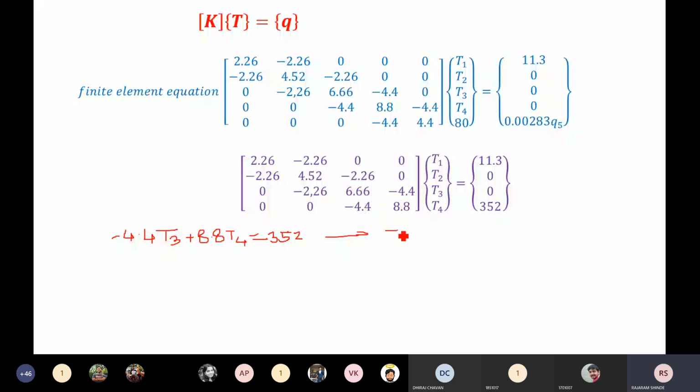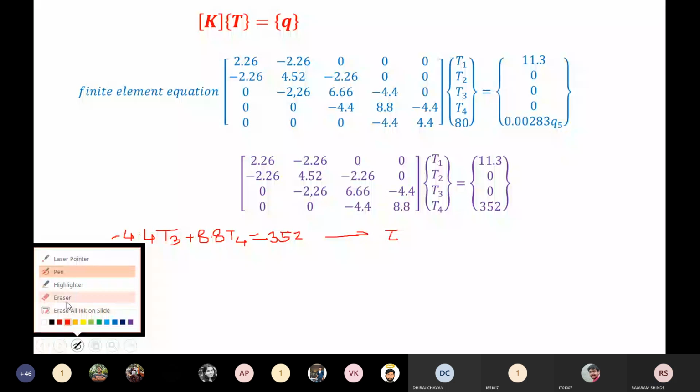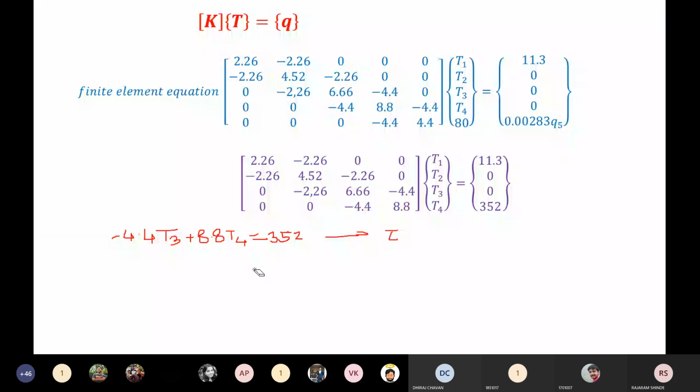You see here, T4 equal to 352 plus 4.4 T3 divided by 8.8. Okay.